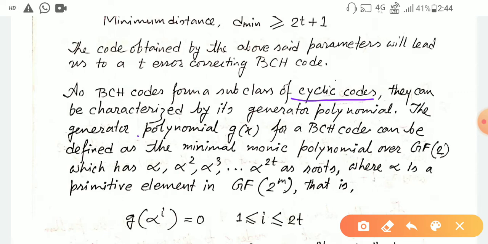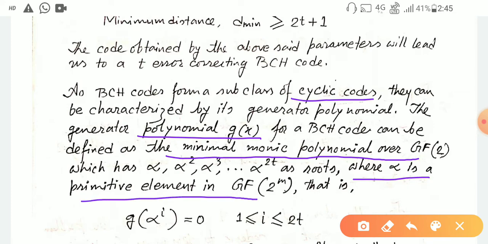The generator polynomial g(x) for a BCH code can be defined as the minimal monic polynomial over Galois field 2, which has alpha, alpha square, alpha cube up to alpha to the power 2t as roots, where alpha is a primitive element in Galois field 2 to the power of m.